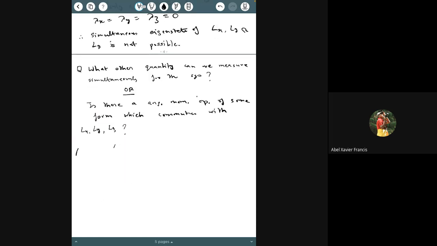And why I ask this question is because there is a positive answer to this, and that is L squared. So the L square operator is basically Lx Lx plus Ly Ly plus Lz Lz, and this operator happens to commute with each of Lx, Ly, and Lz.